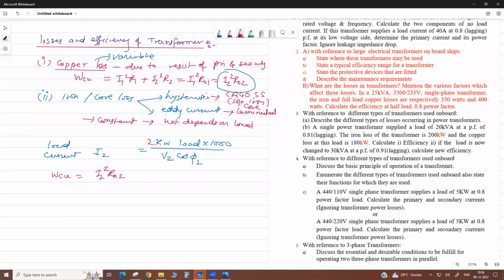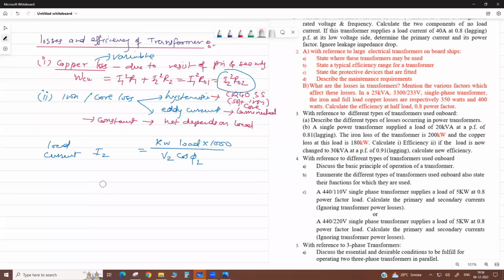So if you double the load, your copper loss becomes 4 times. If the load is half, then your copper loss becomes 1/4. At 1/4 load, your copper loss becomes 1/16.